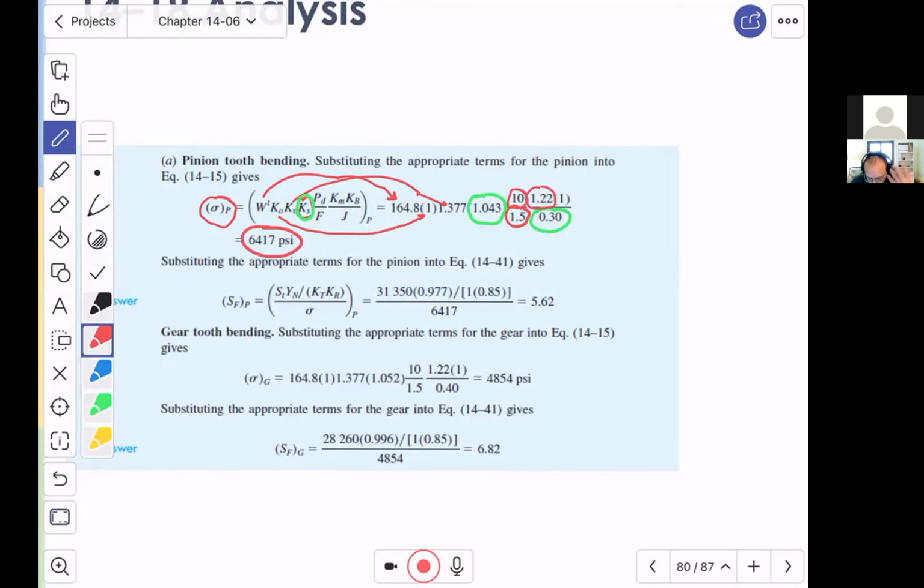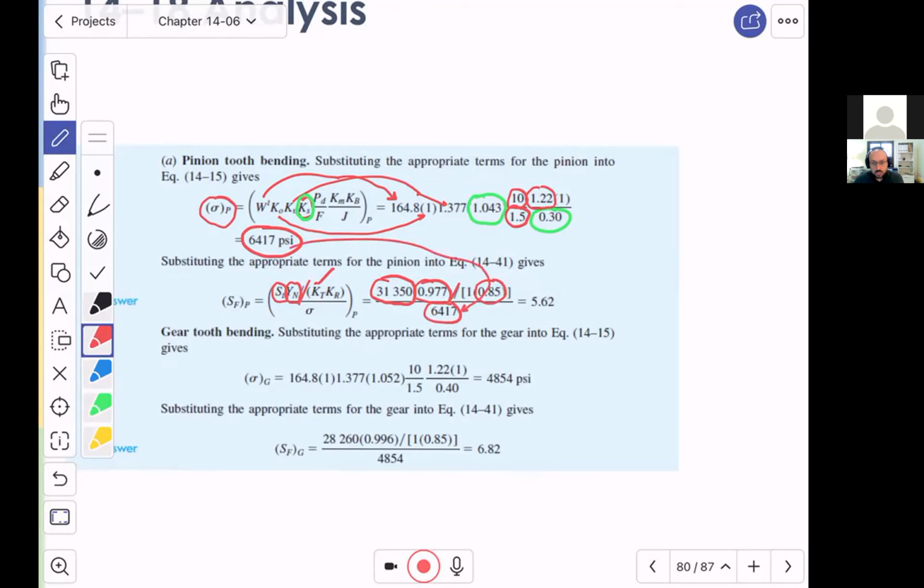If you want to find the factor of safety for the pinion, you take the strength ST for the pinion, then take YN for the pinion, and divide this by the temperature factor, which is 1, multiplied by KR, which is 0.85. Then you divide by sigma for the pinion. There it is.